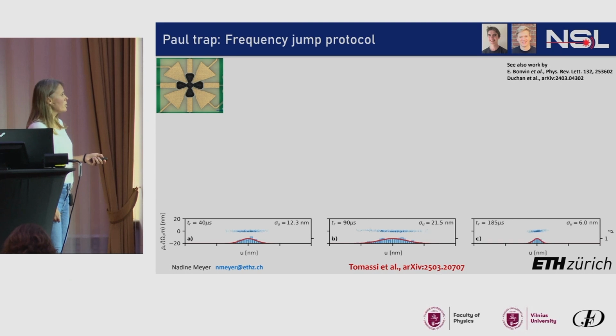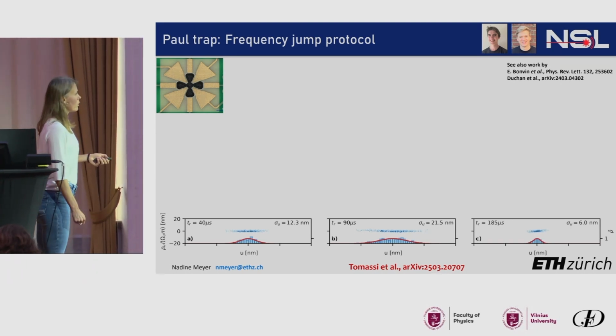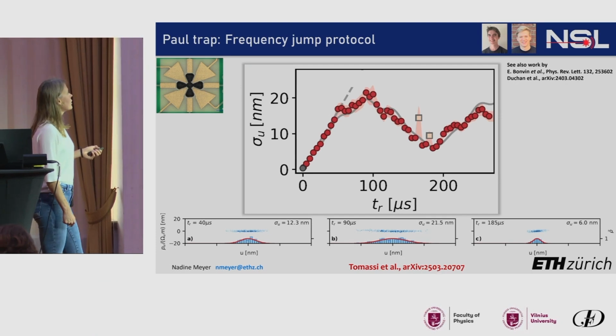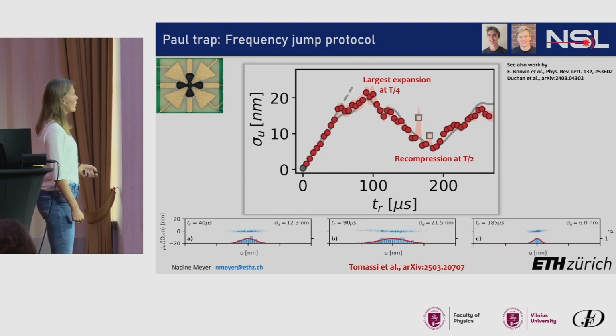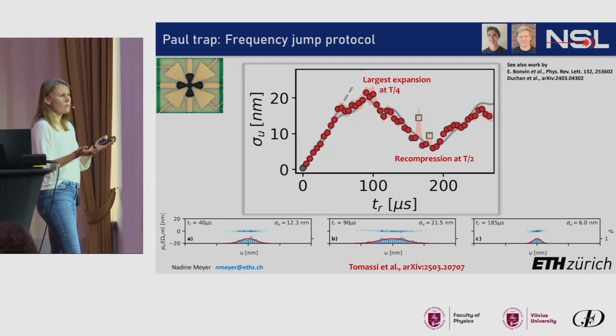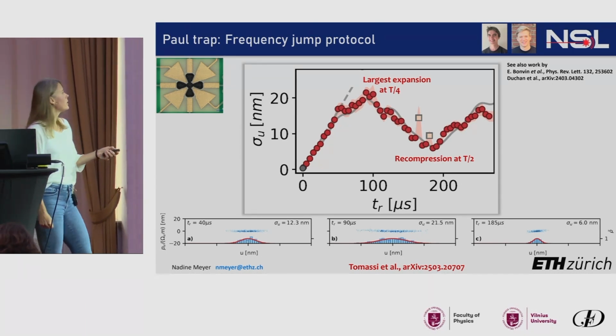But because we are in this frequency jump protocol and the phase space is rotating, the state actually shrinks again at larger times. If you plot the standard deviation over time, you get exactly this oscillatory behavior, where you have the largest expansion at a quarter of the period of the lower frequency, and the recompression at half the period.